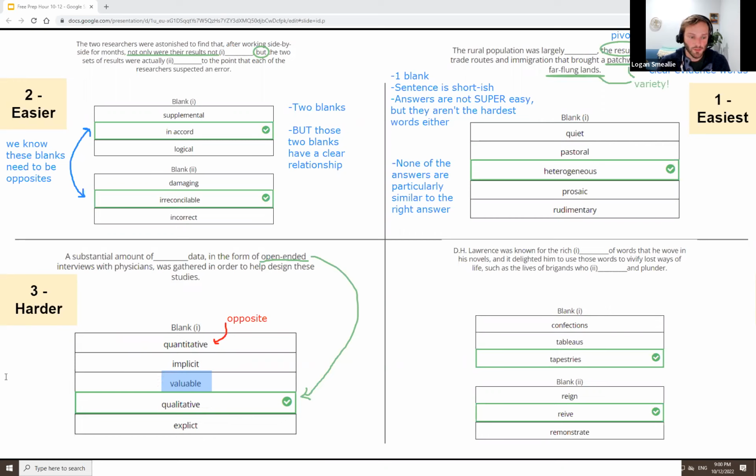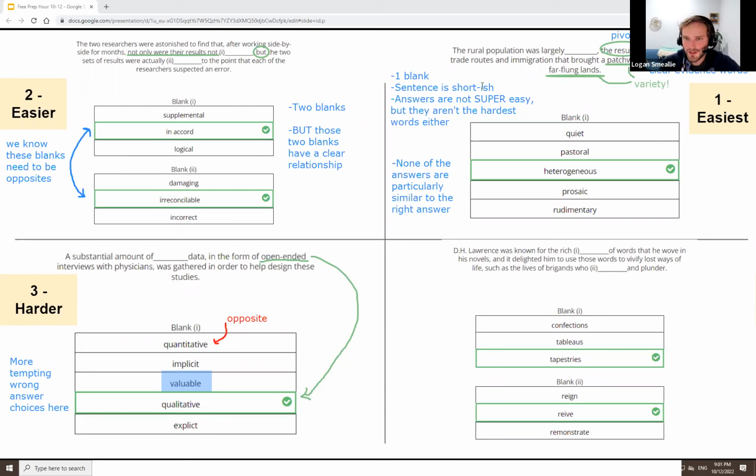So we have more tempting wrong answer choices here. A good reminder that vocab difficulty is not always what makes a sentence technically more difficult.